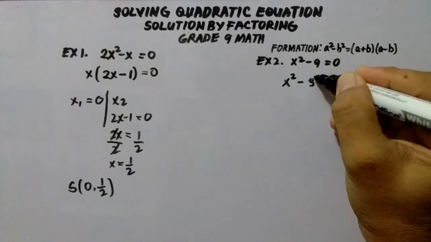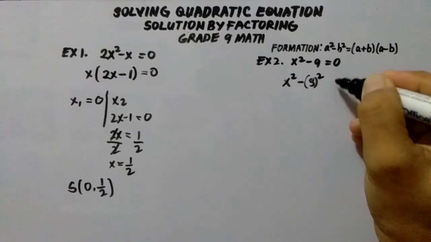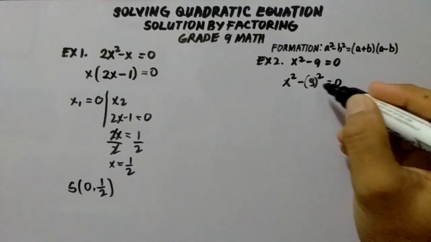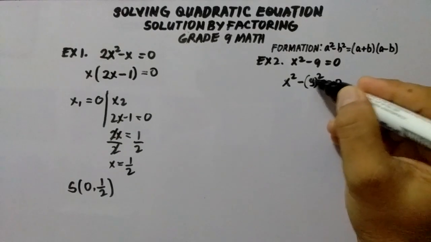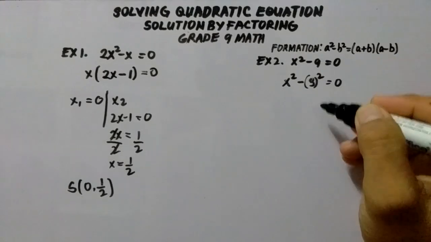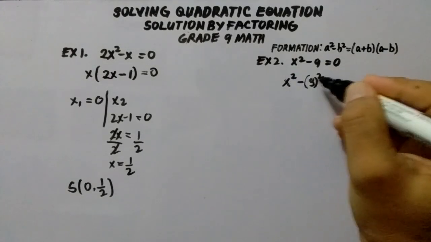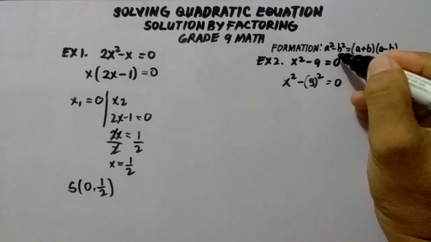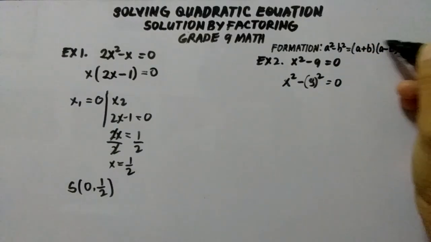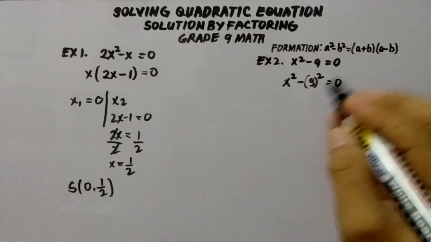Gawin po natin itong 3 to the power of 2 is equals to 0. So, ibig sabihin po nito, 3 times 3 is equals to 9. Okay, so we have the same formation. Katulad po nandito. So, ibig sabihin, ito na po yung susundan nating factors.